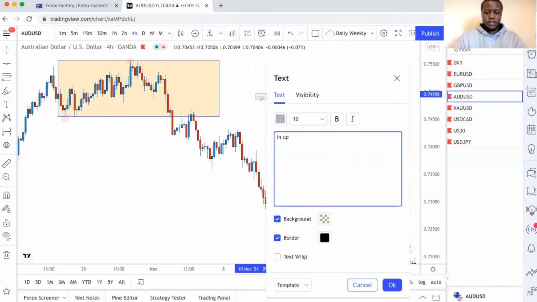In uptrends, look for swing lows, the 3 wick pattern.